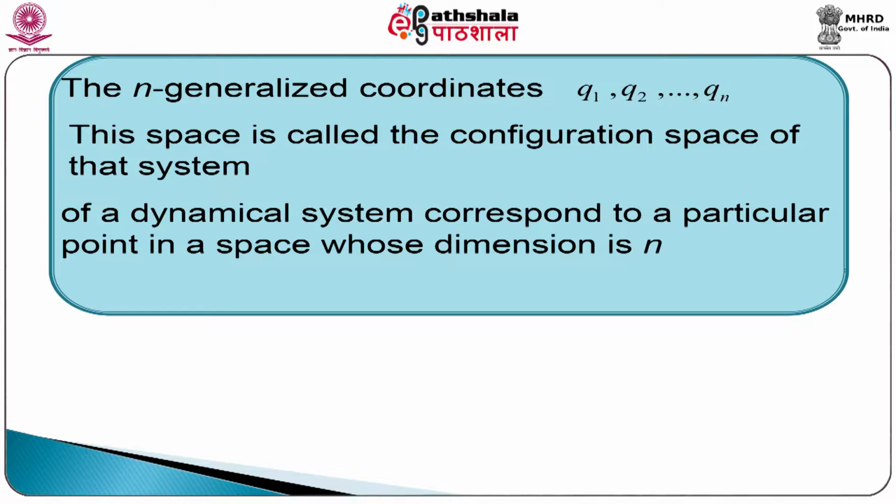The n-dimensional space spanned by these n generalized coordinates of a dynamical system is called the configuration space of that system. The state of the system changes with time, and the system point traces out a curve moving through the configuration space. The curve traced out by the system point is known as the trajectory.